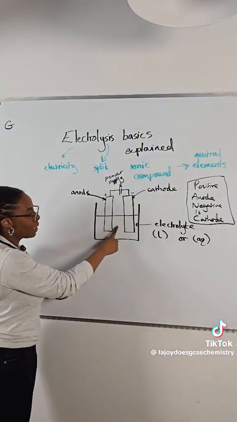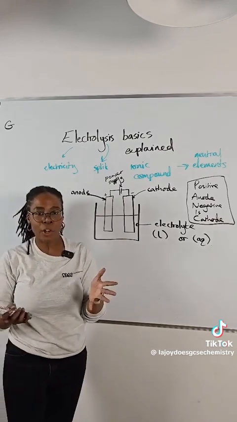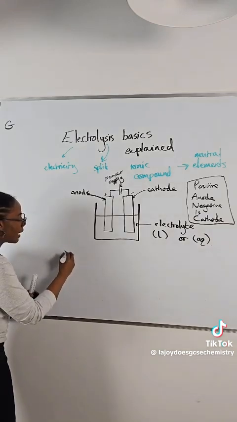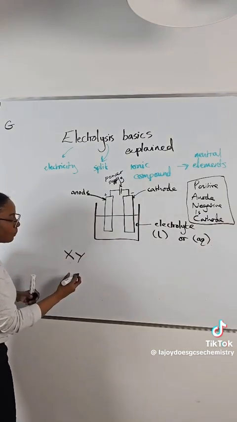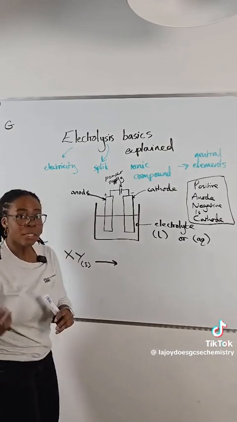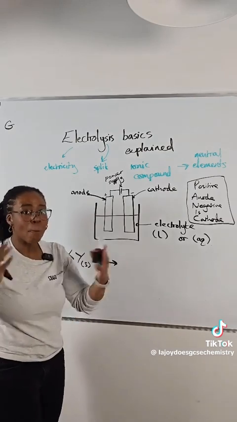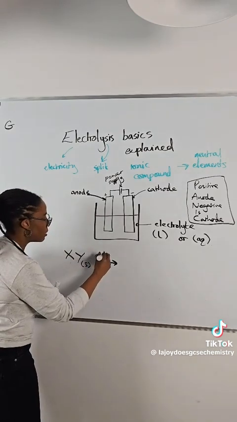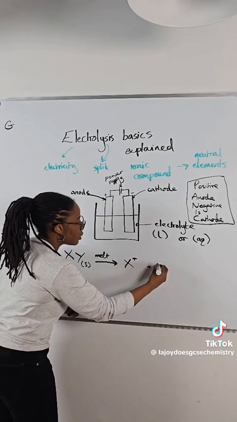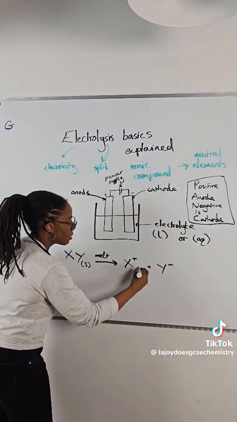So what now happens within our electrolyte? Because we have our ionic compound, let's just call it XY, solid, if we melt that solid, so turn it into the molten compound, then that will split up into the individual ions, liquid.